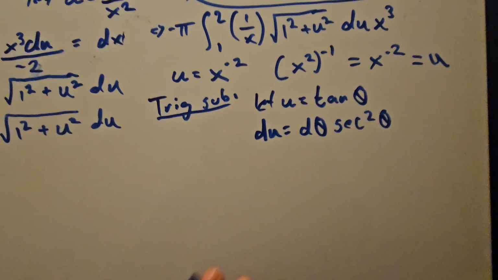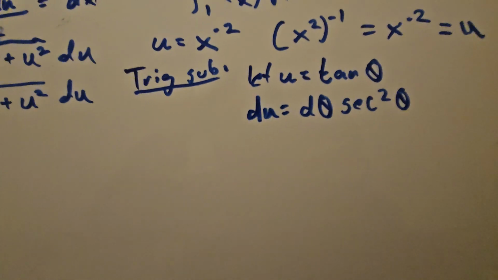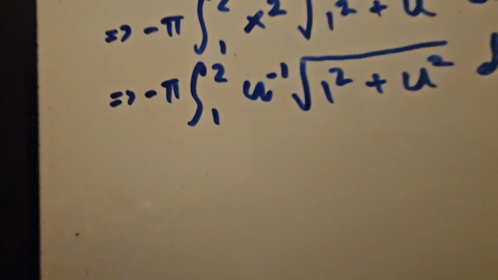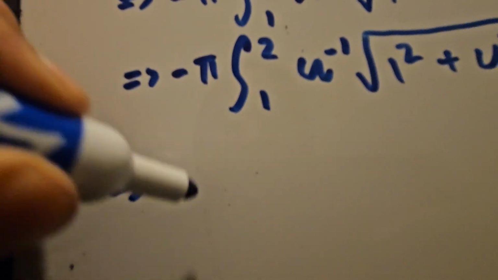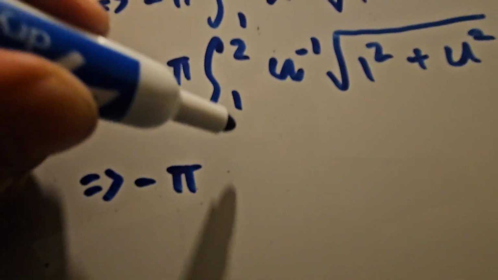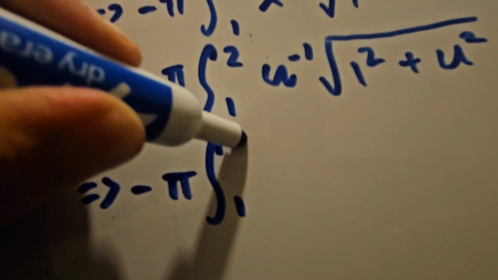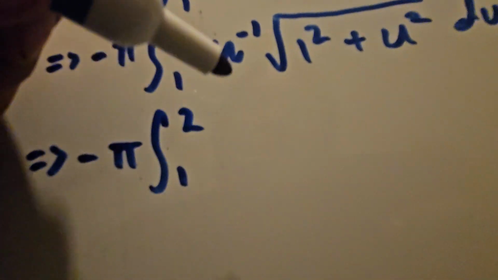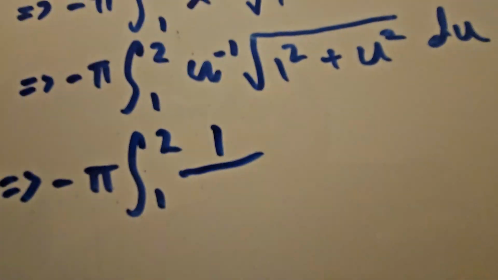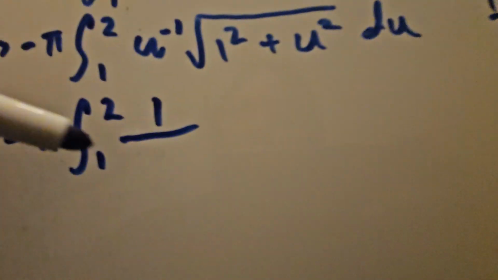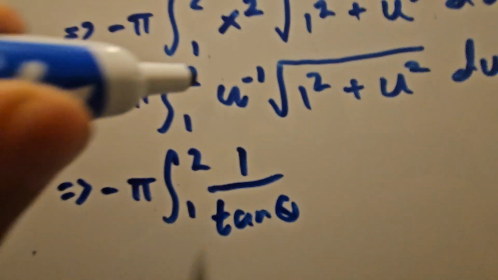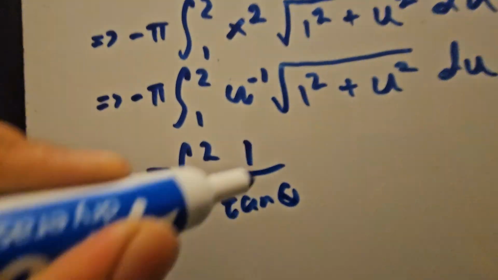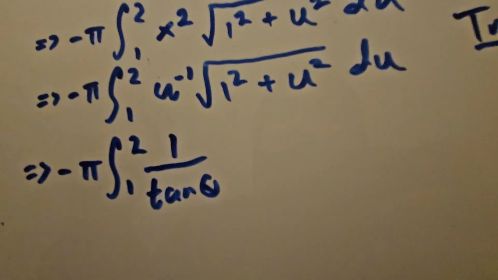All right, so let's go ahead and use our trig sub. So this is going to be negative pi, integral evaluated from 1 to 2, of 1 over tan theta, right? This is basically 1 over u, 1 over tan theta, and we're letting u equal tan theta.